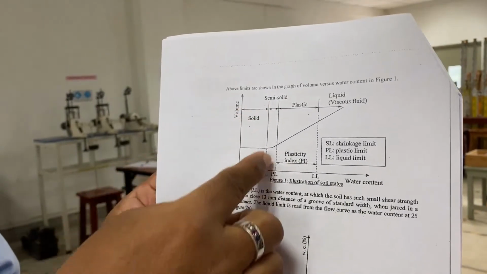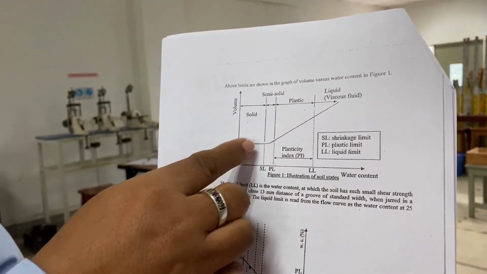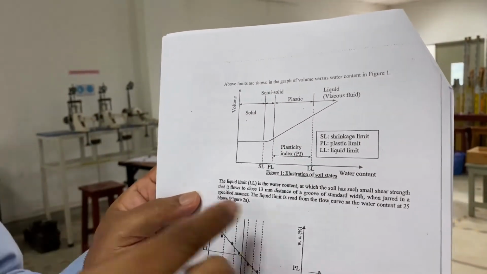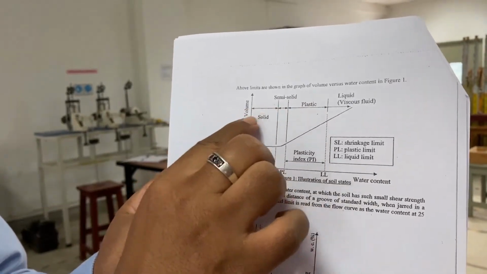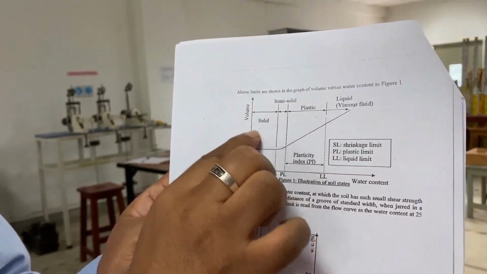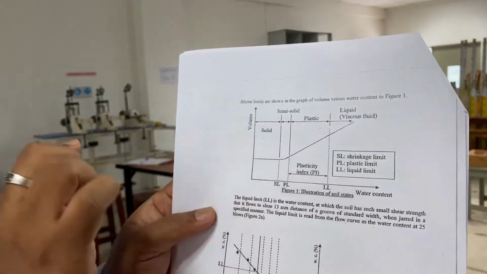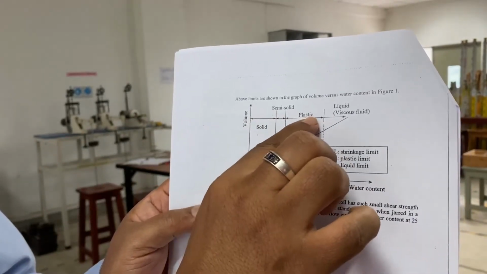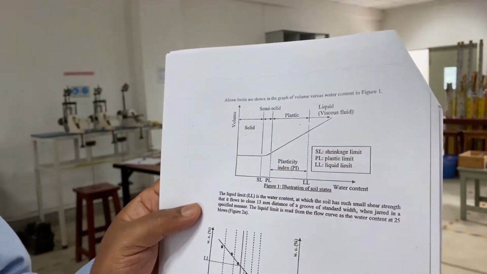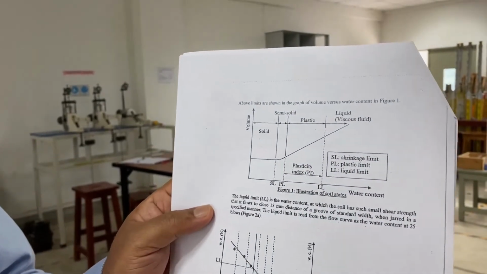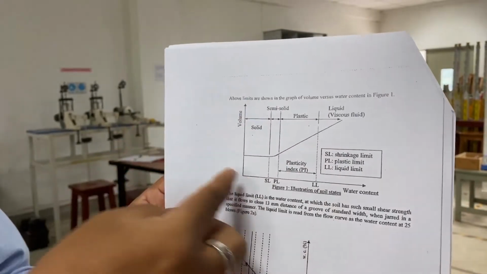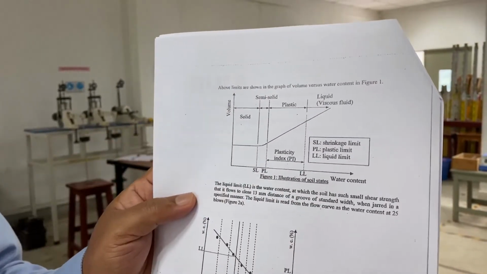So we define these limits very arbitrarily. This is the region where it behaves like a solid, then like a semi-solid in this region, then the plastic region, and then the liquid, where it will flow like a liquid. So we define these moisture contents corresponding to different regions.